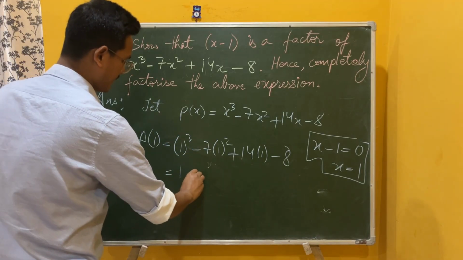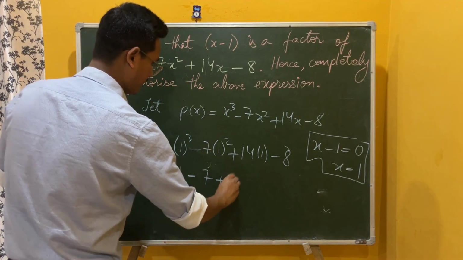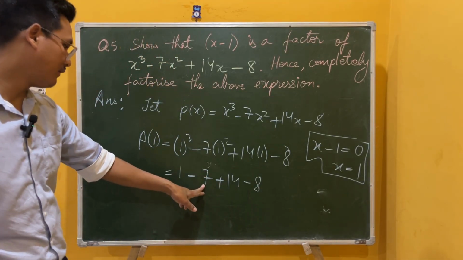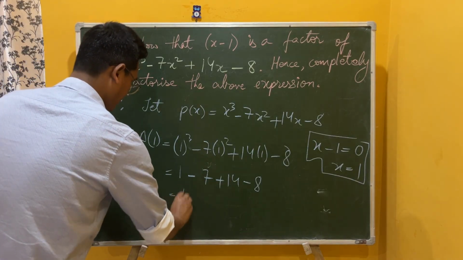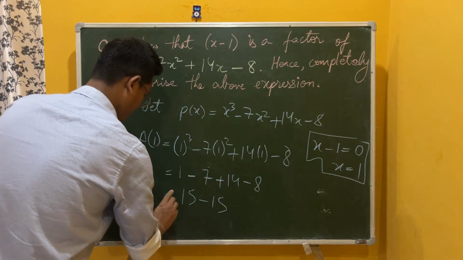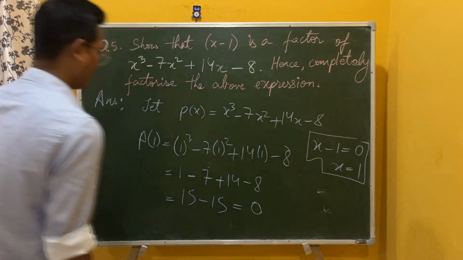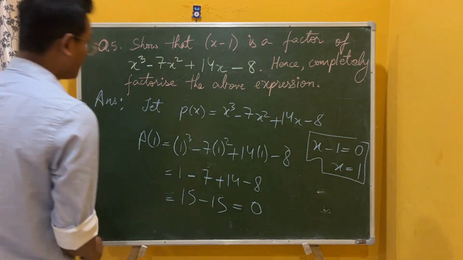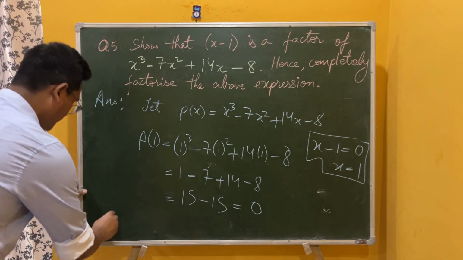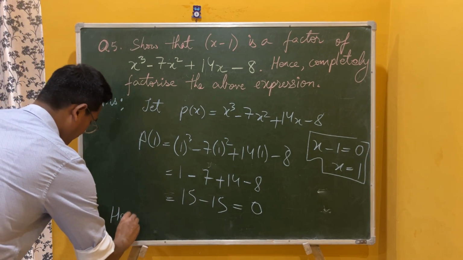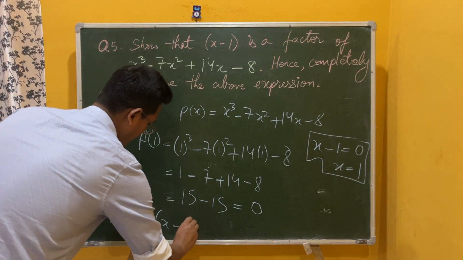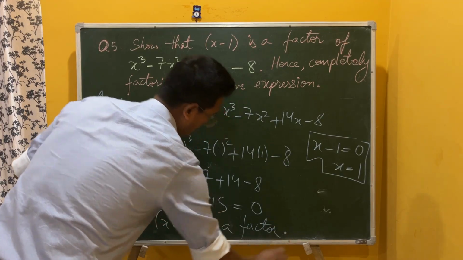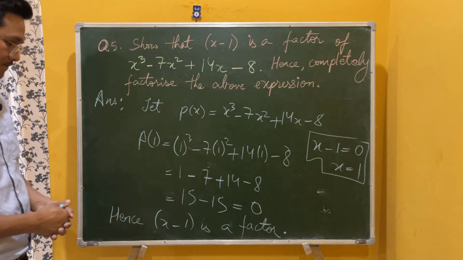So 1 cubed is 1 minus 7 plus 14 minus 8. So 1 plus 14 is 15, and 7 plus 8 is 15. So this is 15 minus 15. It is 0. So remainder is 0, means that x minus 1 is a factor. Hence x minus 1 is a factor. This comes from the factor theorem.